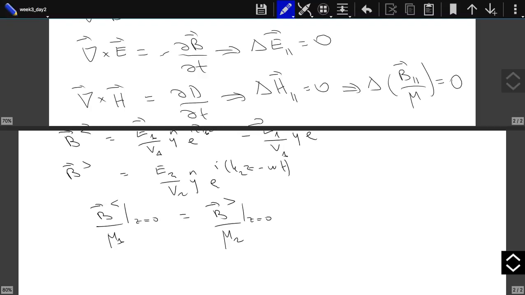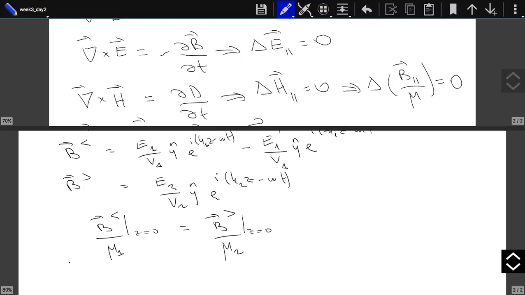Now I just put in the B left and B right, so it just gives me E1 over V1 mu1. Well, z is equal to 0, so these terms are already absent. Also e to the power minus i omega t is common, so I will straight away eliminate it.